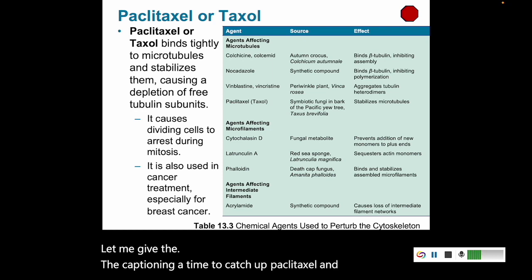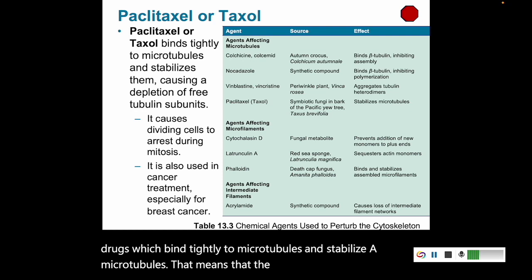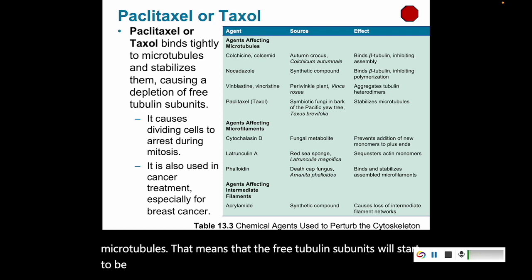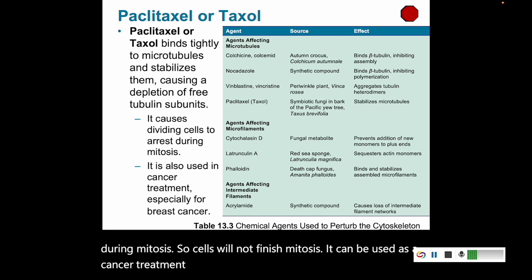These are drugs which bind tightly to microtubules and stabilize the microtubules. That means that the free tubulin subunits will start to be depleted, and that causes cells that are dividing to arrest during mitosis. So cells will not finish mitosis. It can be used as a cancer treatment. It's especially used for breast cancer.